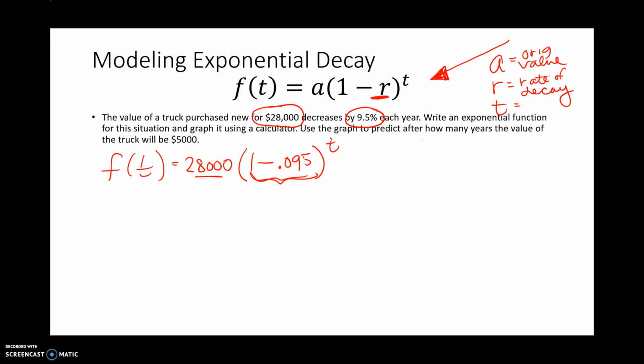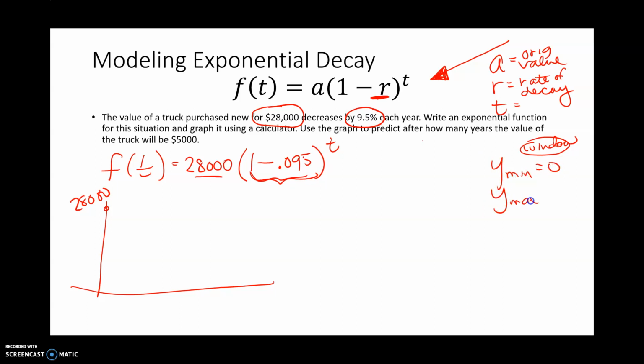When I first buy it, when t is 0, its value is up here at 2,800. So I have to open my window. I'm going to hit the window button, and I'm going to get my y min to be 0 and my y max to be 2,800. And I'm going to graph it to see what I see.